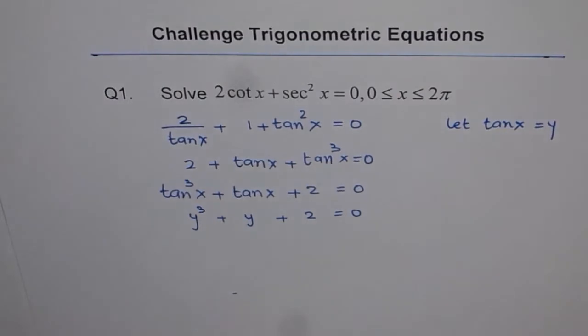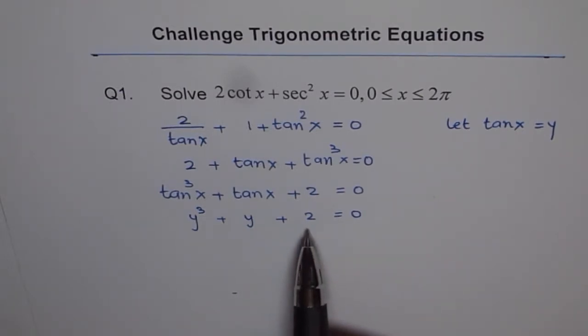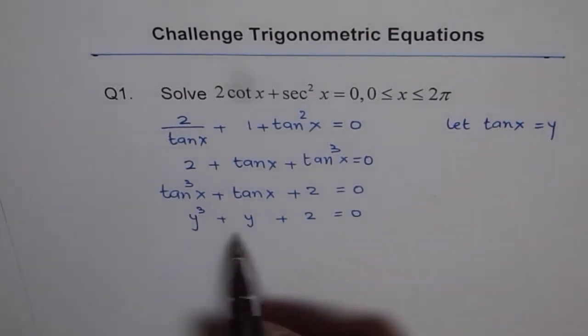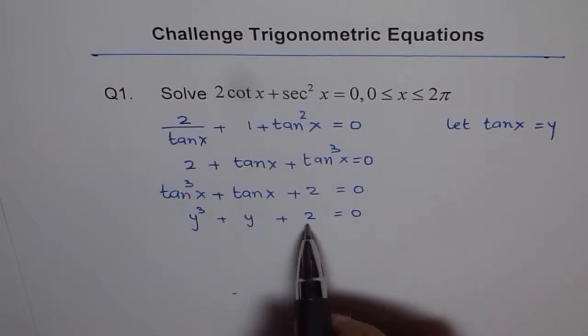Now this is a polynomial equation of degree 3. To solve this equation, what we can do is find which factors of 2 will satisfy it, right? The possible solutions are plus or minus 1 or plus or minus 2.